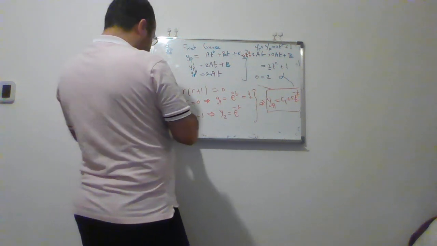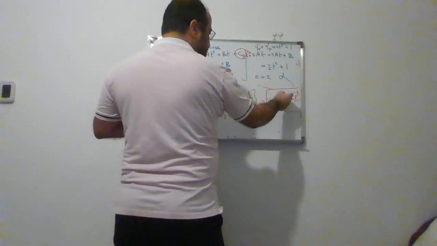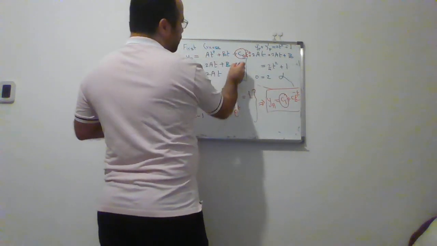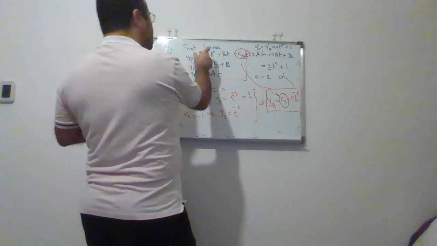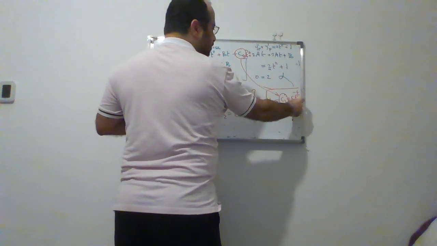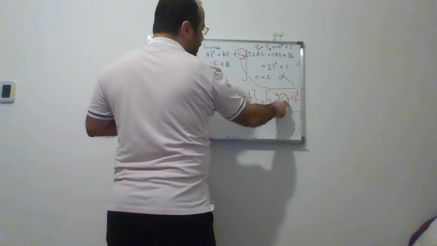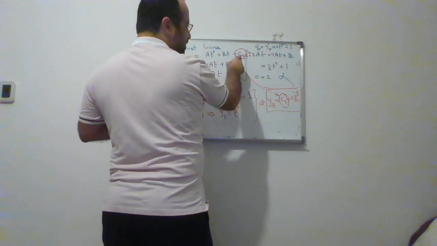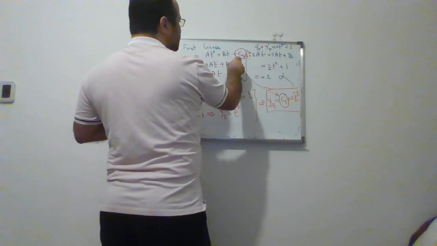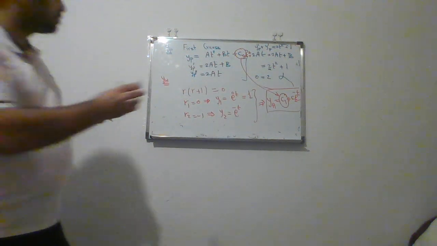Why is the first guess not good? You can compare and go to this and go to that. It says each part in the y particular should be different from each part of the homogeneous. But look at y1 times C1, it is the same as this thing. This means that you need to adjust by multiplying by t.